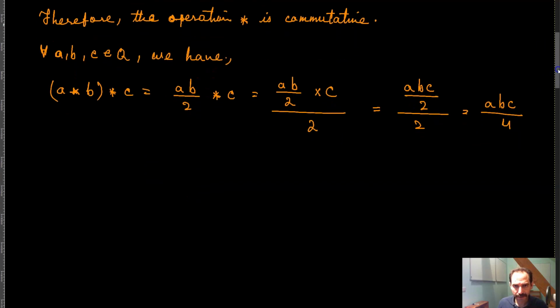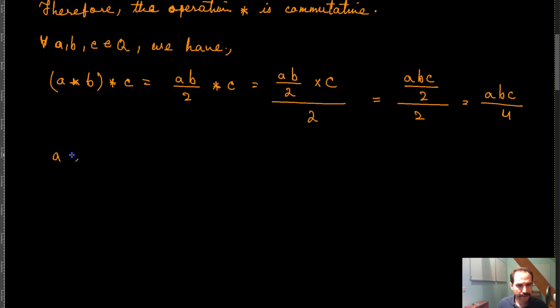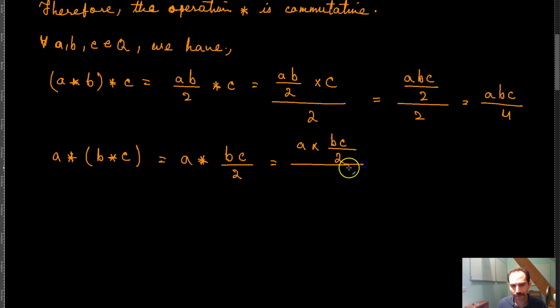Now if I calculate A star B star C, that is going to be equal to A star, well, B times C divided by 2, which is the same thing as now I have to multiply these two numbers and divide by 2, meaning that I have A times BC divided by 2 and then divide by 2, which seems to be associative as well.